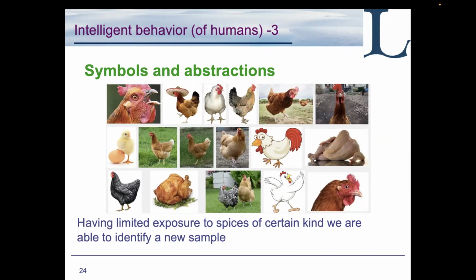So it still remains one of the unsolved challenges how to make a neural network learn symbolic representations or abstract representations.